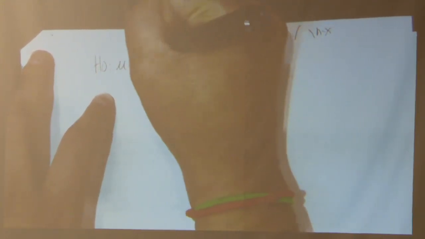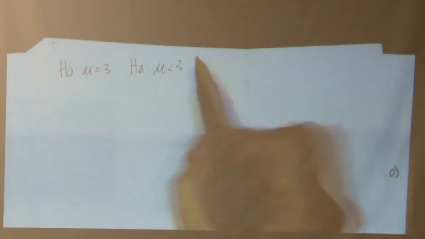So we're going to have our null hypothesis be that mu is equal to 3, versus the alternative that mu, what do they want? Less than 3. So since we're doing less than 3, this is going to be a left-tailed test.